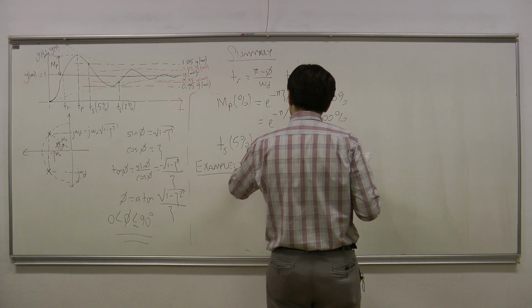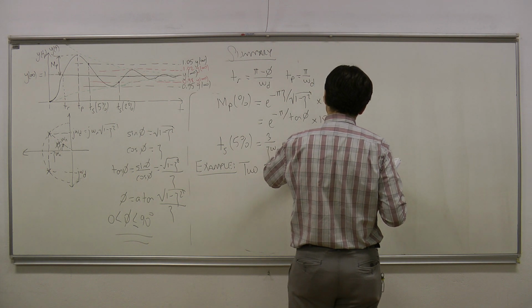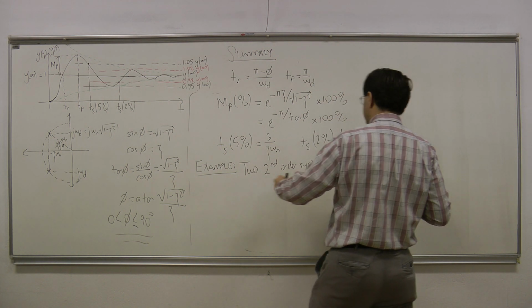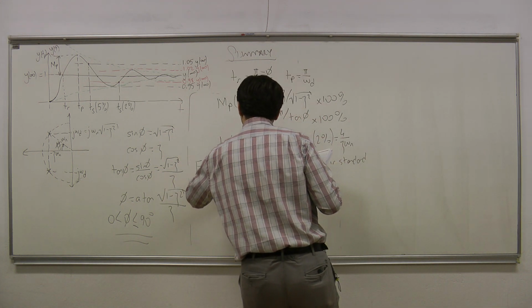Two second-order systems in standard form have the following poles.